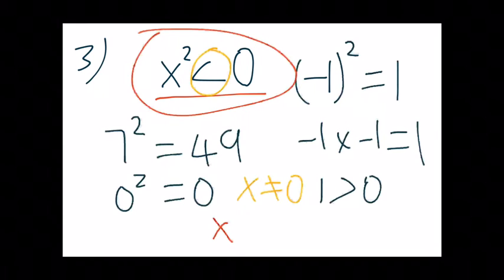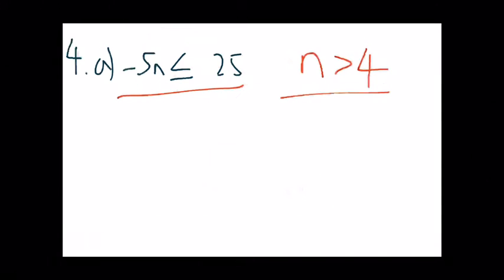Now, how would you solve one where the range of the variable has not yet been completely finished, like this one? Well, you would do pretty much the exact same thing as you would do for an equation. You balance both sides out, leaving the variable in singular form on one side and the number or the value on the other. It's the exact same thing for inequalities. And we are going to take a look at this example.